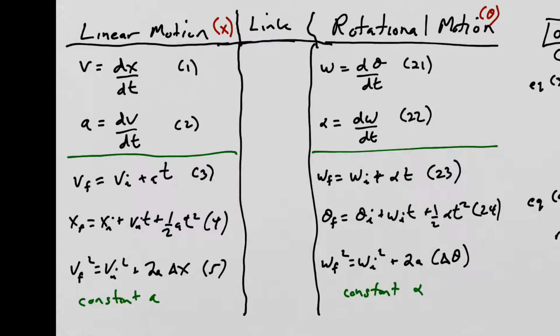Well, again, we started this by saying the first link equation was from trigonometry, that a linear distance is equal to theta r, which we then took some derivatives of and said that v was equal to omega r, and we took another derivative to say that a was equal to alpha r. With these three link equations, we see that rotational motion is nothing more than linear motion in disguise.